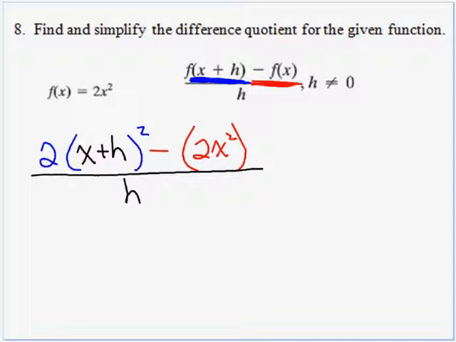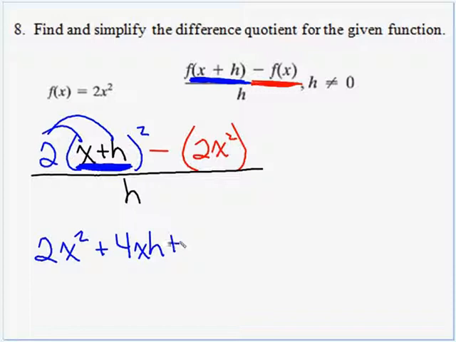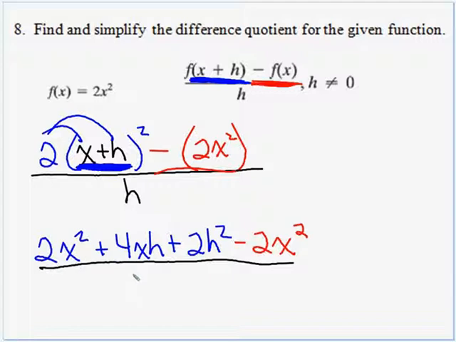So I am going to combine a couple steps here. If I FOIL this out, I'll get x squared plus 2xh plus h squared, and then I'll distribute the 2. So that part of the numerator will be 2x squared plus 4xh plus 2h squared. And then I have this other part, minus 2x squared, and that's all divided by denominator h.